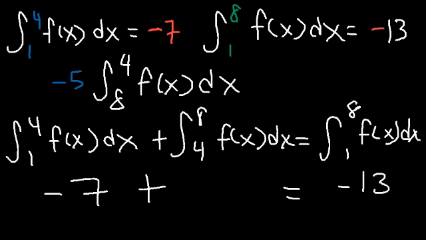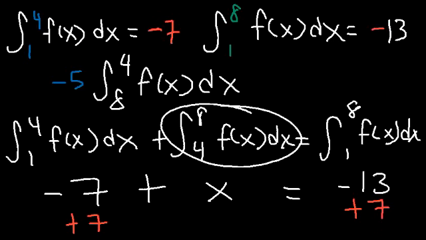In order to find the value from 8 to 4, we got to find the area from 4 to 8 first. So let's call it x. Solving for x, we need to add 7 to both sides. -13 plus 7 is -6, which is the value of this expression. So the integral from 4 to 8 f of x dx is -6.